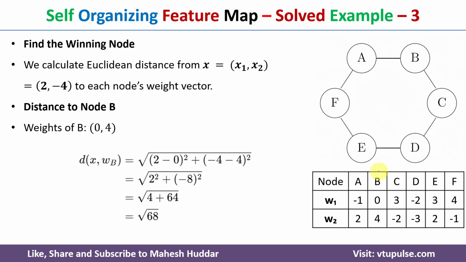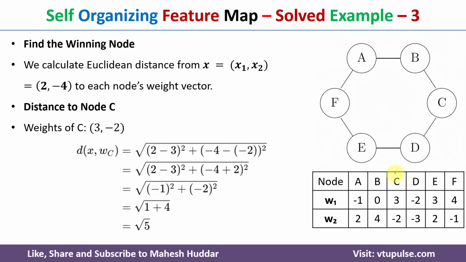Next, we will consider the next node, that is B. For the second node, the initial weights are 0 and 4. By using the same Euclidean distance formula, we need to find the distance. So, square root of (x1 minus 0) square plus (x2 minus 4) bracket square. Once you simplify this, we get the distance as square root of 68.